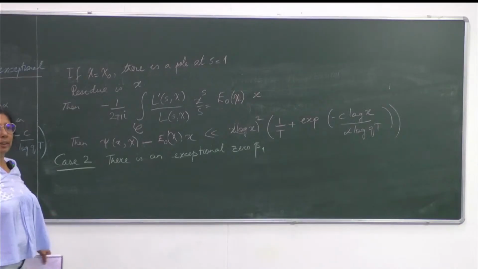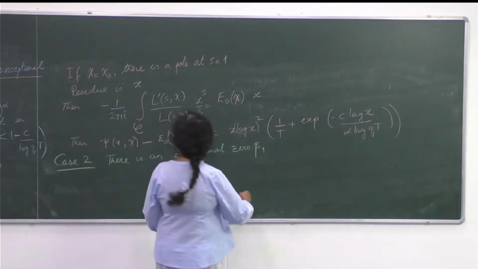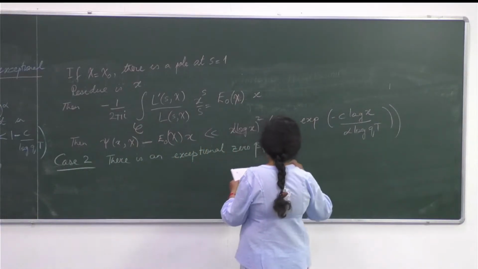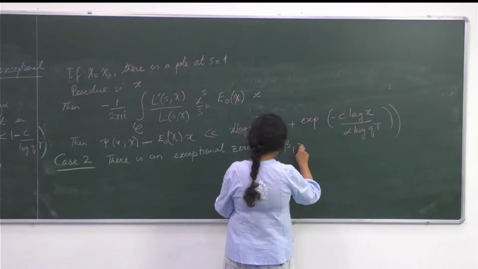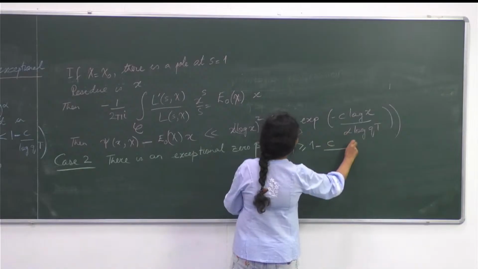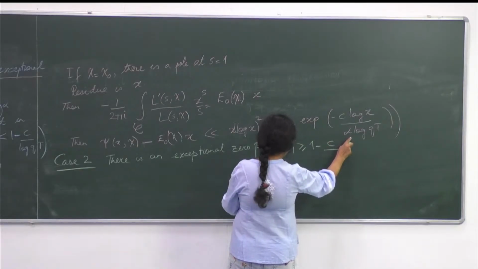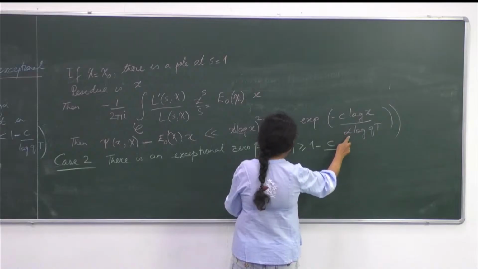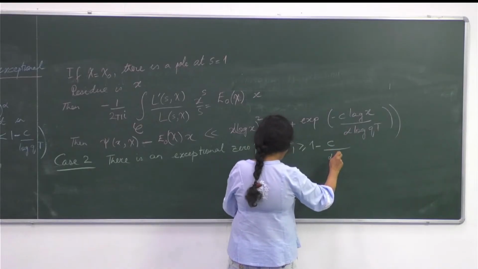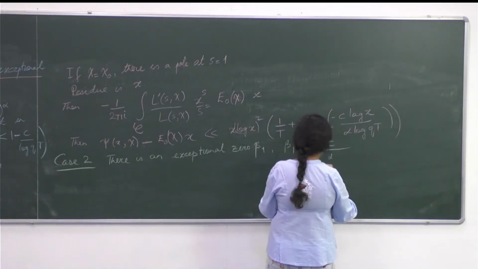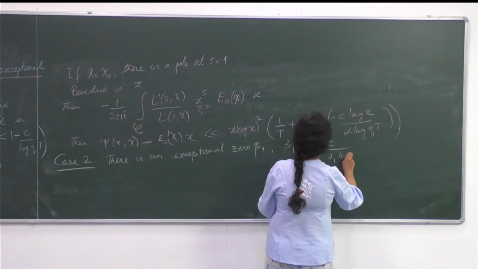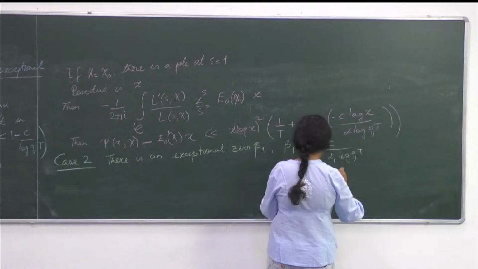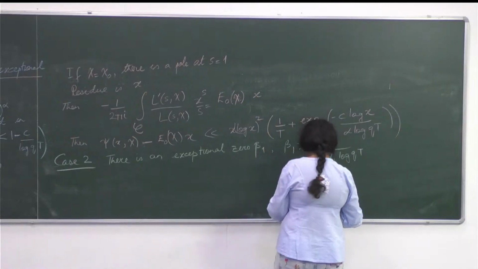What we have to take care of is where beta 1 is. So if beta 1 is greater than or equal to 1 minus c upon alpha 1 log qt, not necessarily the same c or alpha, what happens here?